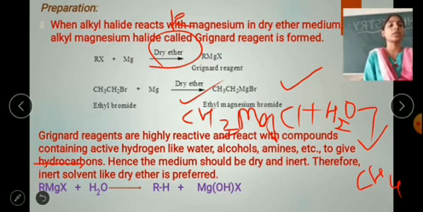So this will give a hydrocarbon if there is water, alcohols, amines, etc. In order to avoid that, we are going to use dry ether as a medium.